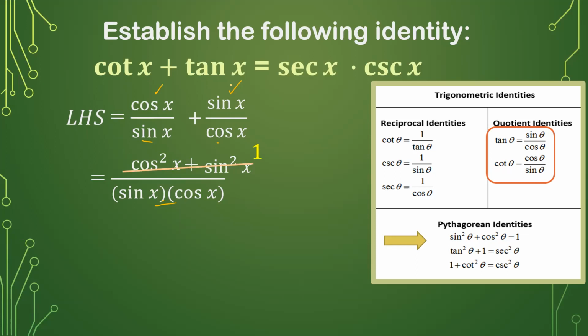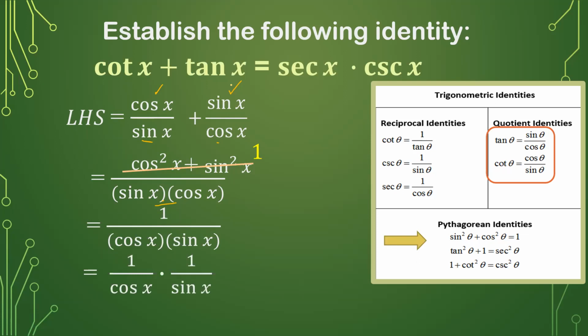So, since it's 1, you can actually split the fraction. Because 1 all over sine x times cosine x, we can split it. This fraction, which is a product, we can split into 2 fractions. It becomes 1 over cosine times 1 over sine.